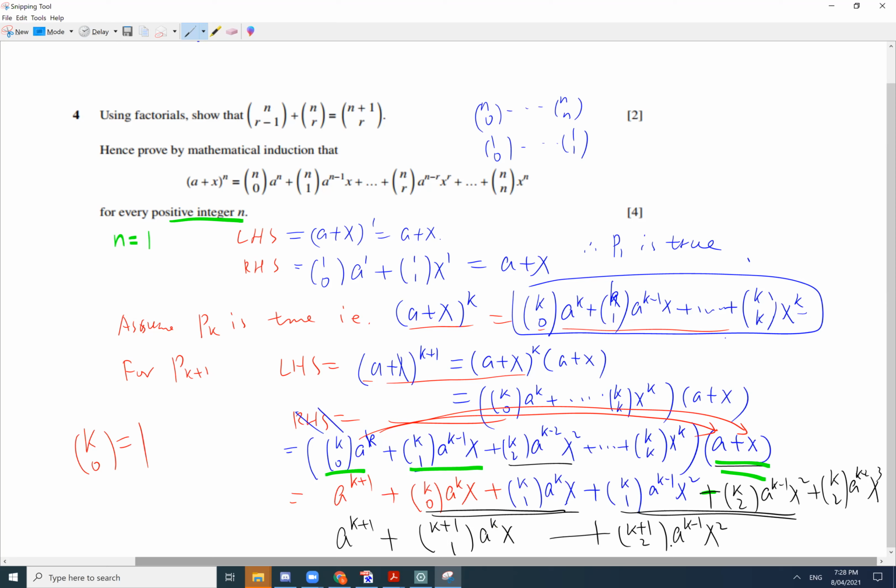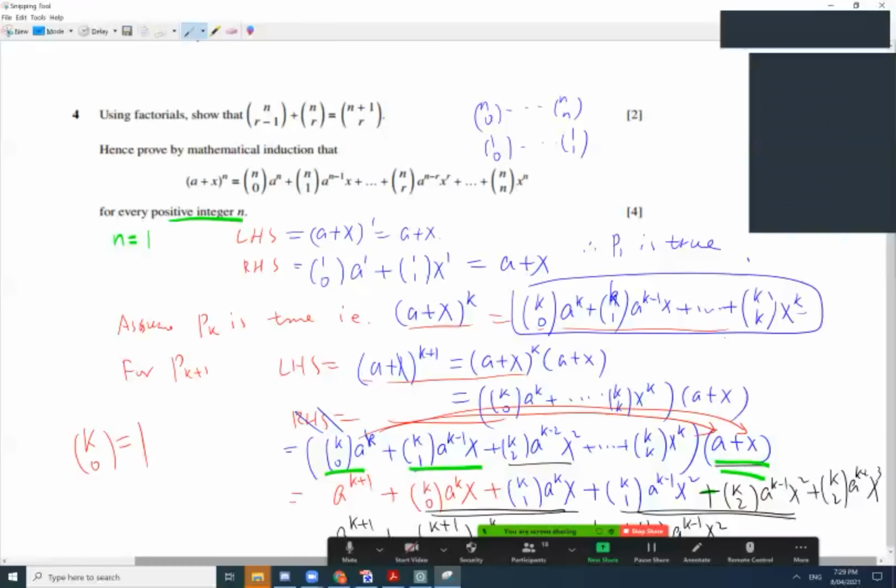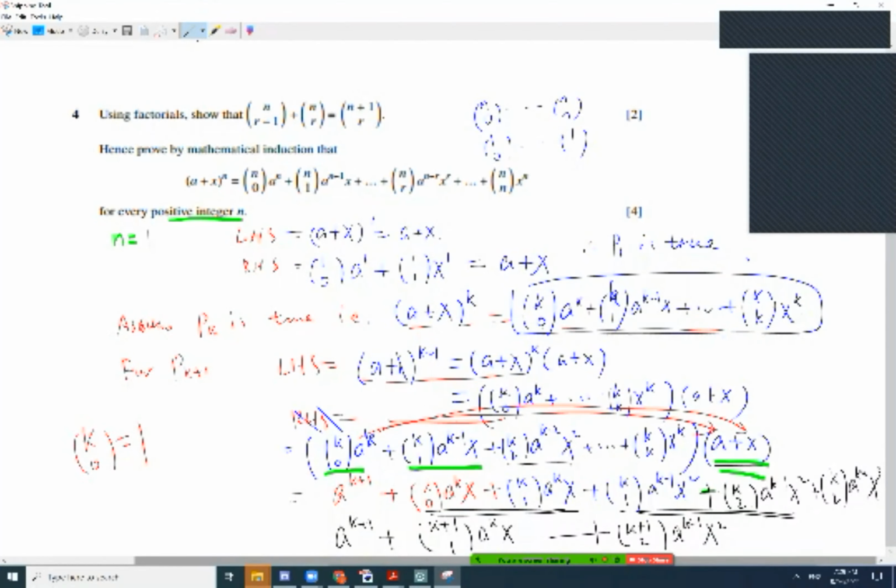Do you understand this two? Why? Because that's what happened in part 1. Very good. Yes, because kC0 plus kC1 just equals (k plus 1)C1. That's from part 1.